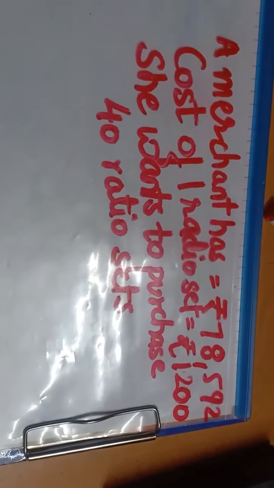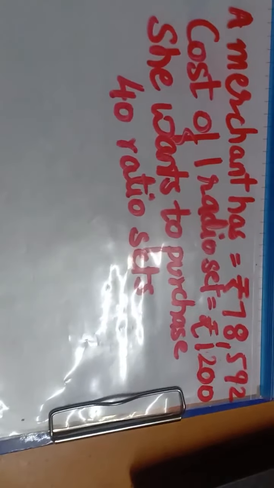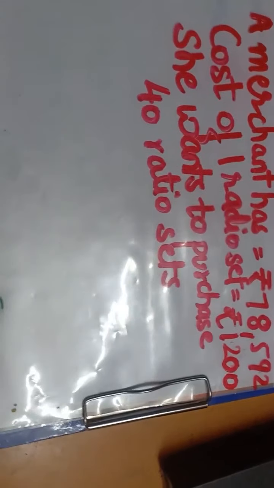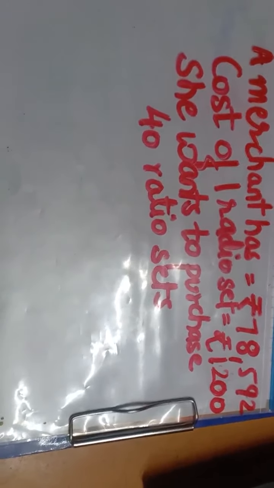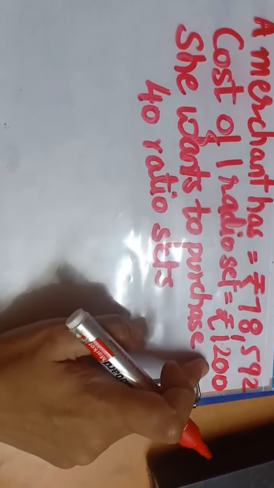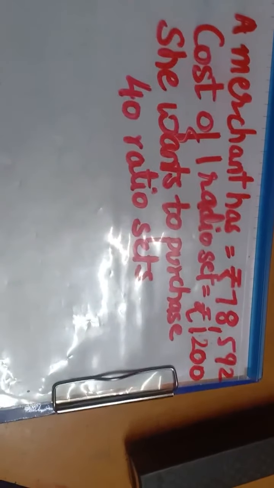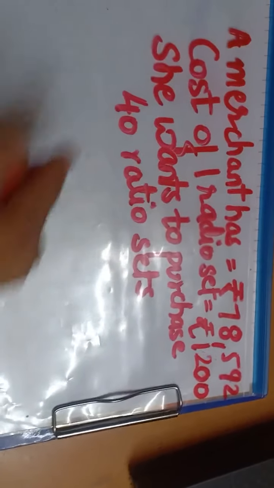What they are asking is how much money will remain with her. So first to find the amount that will remain with her, we need to find how much money she has to give. For that we need to multiply the cost of each radio set with the number of radio sets she wants to purchase. Okay, so we'll multiply 40 by 1200.